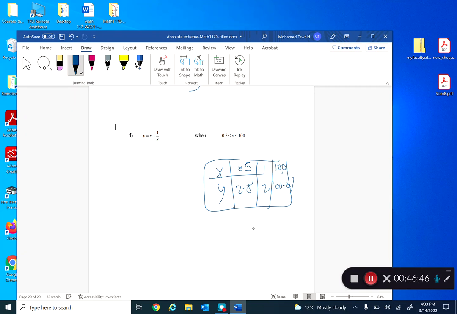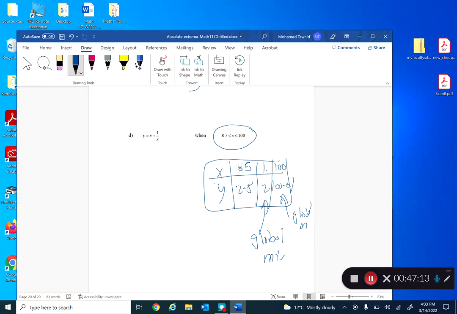So go ahead: your endpoints, then find the stationary point, which is 1, and the smallest value is your global min. And this one here is your global max. For the other one, you have to locate the point to know if it's a local min or local max.